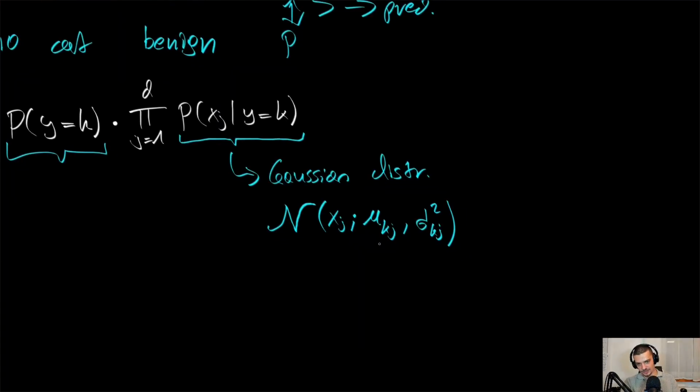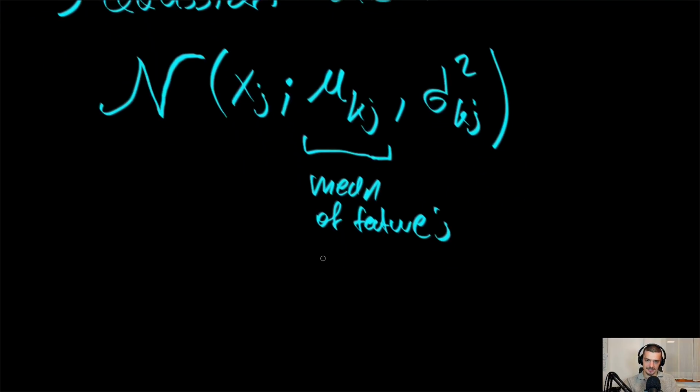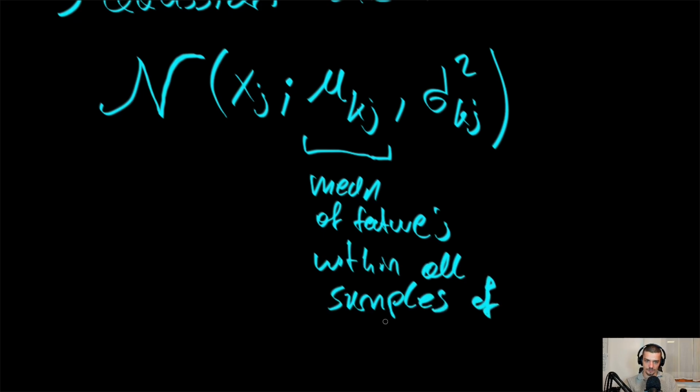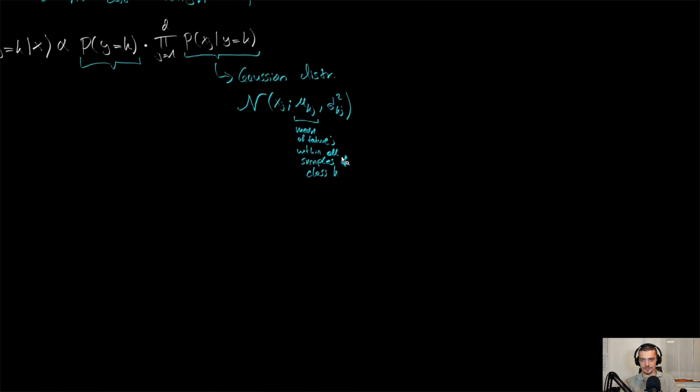And for this normal distribution here, I just use the mean from the data, the mean of feature j within all samples, or all instances, I should say, of class k. And the same here for the variance, right?